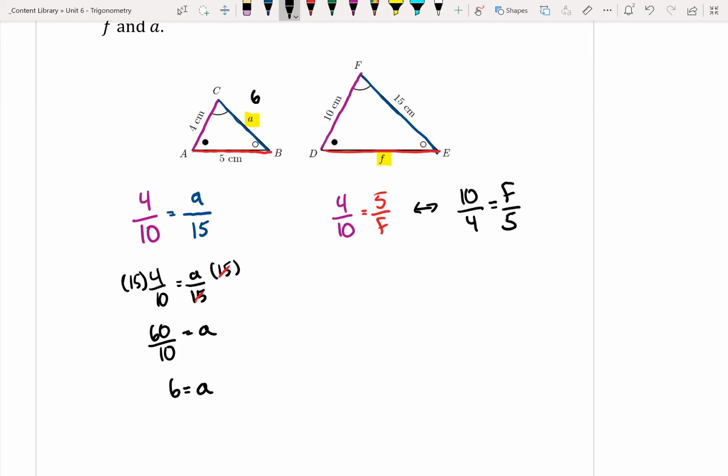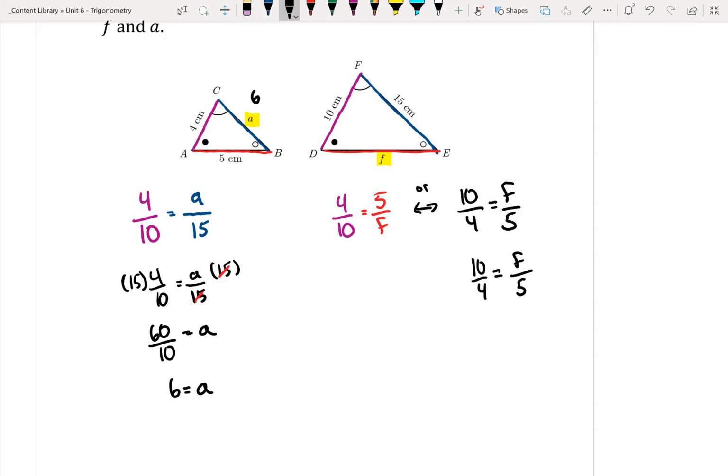Either way you do it is fine, but remember when we talked about previously, as long as all the sides for the same triangle are on the one side. So in this case, the large triangle is now on top, the small triangle is now on the bottom. That's fine. You'll still get the same answer. So if we work through, for example, the bottom one, I'll just rewrite each one. So you can do either or.